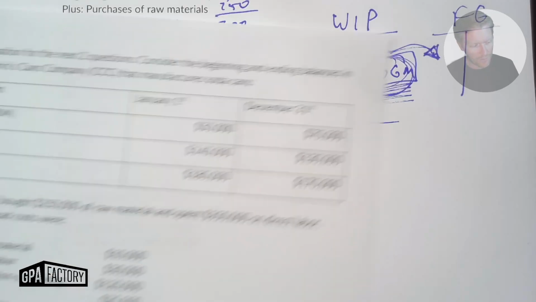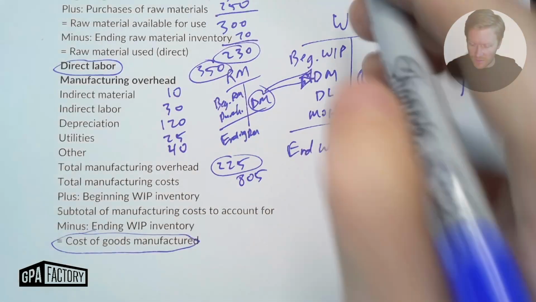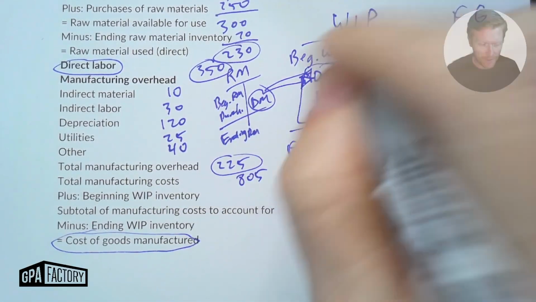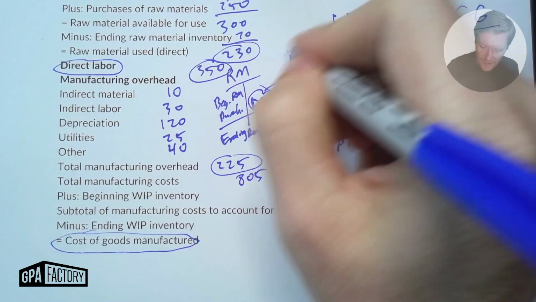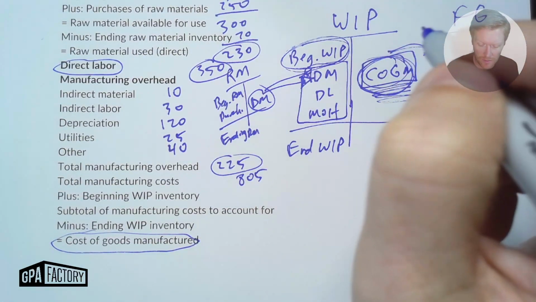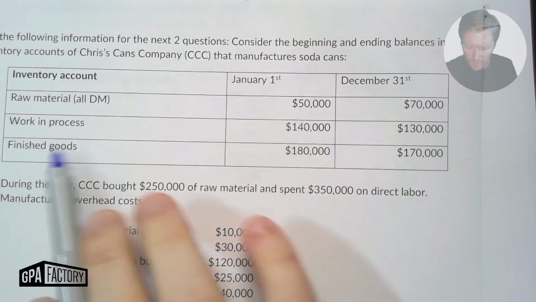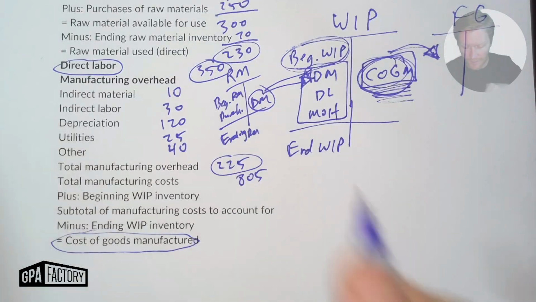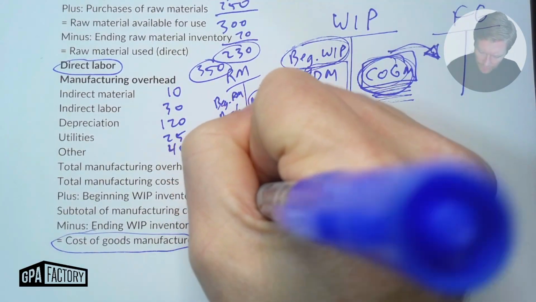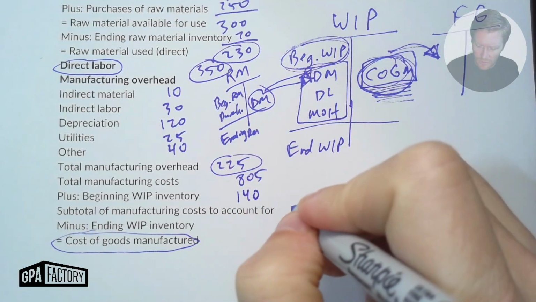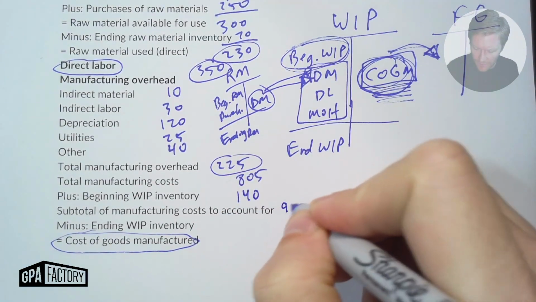We add our beginning work in process. So now we're going to add our beginning work in process to what we just calculated. Our beginning work in process was 140. That subtotal is total manufacturing cost to account for. That's going to be 945.